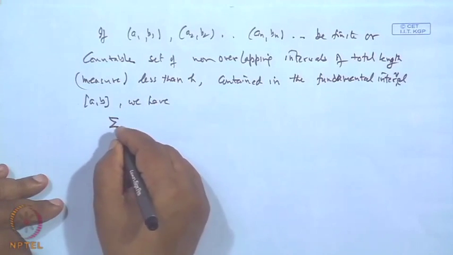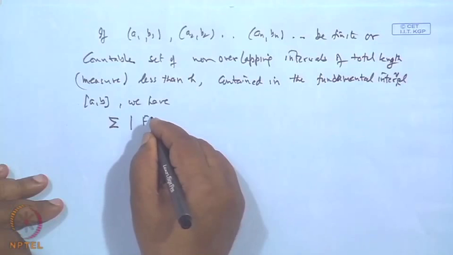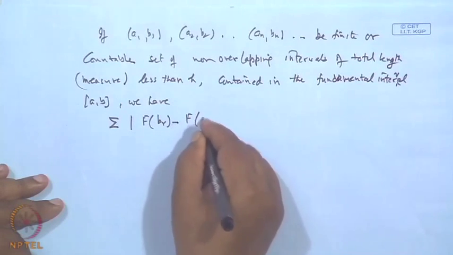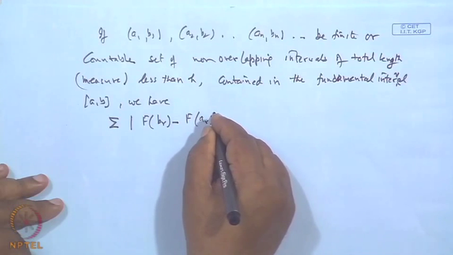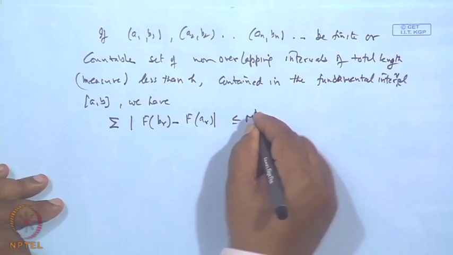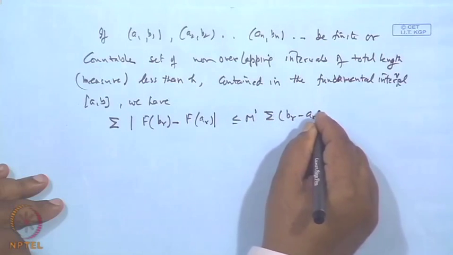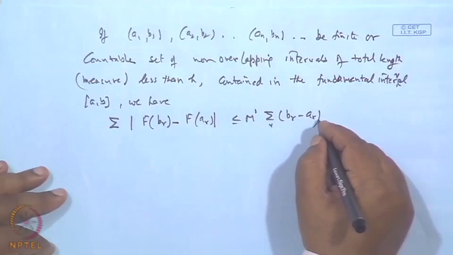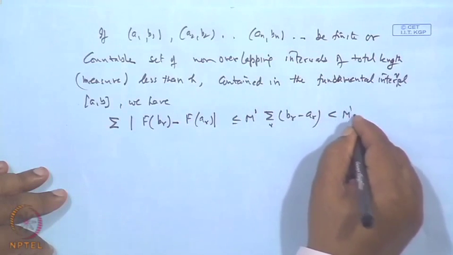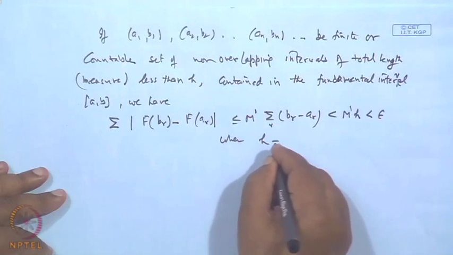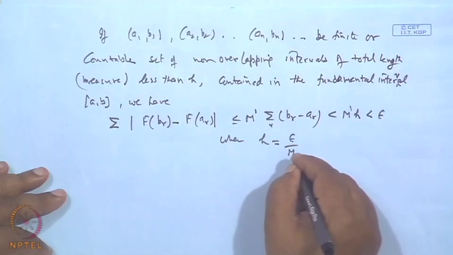the sum of |F(b_r) minus F(a_r)| is less than or equal to M' times the sum of (b_r minus a_r), and this total length is less than h, which is less than epsilon when we choose h to be, say, epsilon by M'.